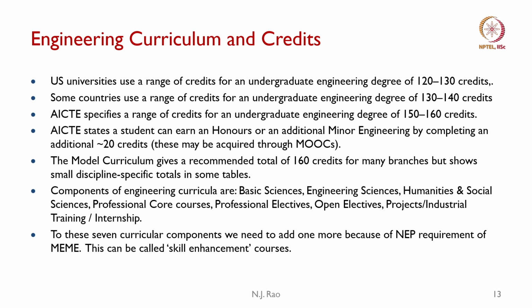Now, because of the new NEP requirement of multiple entry, multiple exit possibility, to these 7 curricular components, we need to add one more. This we can call skill enhancement courses. So now it becomes 8. We'll present in the subsequent units what the skill enhancement programs are.